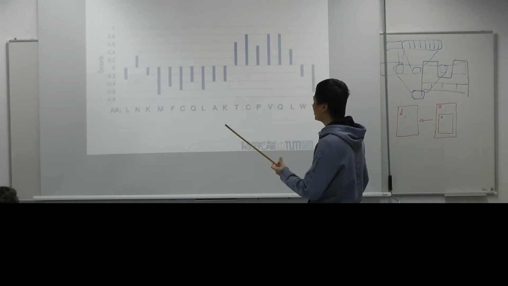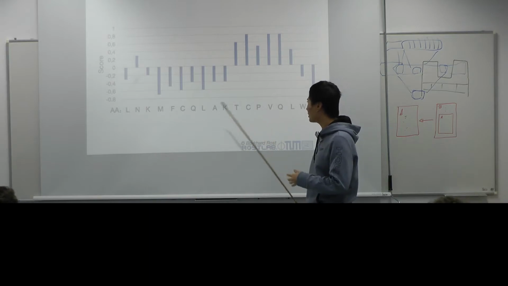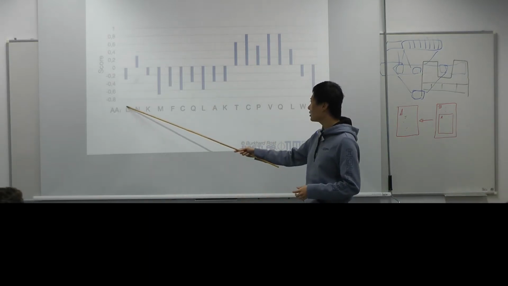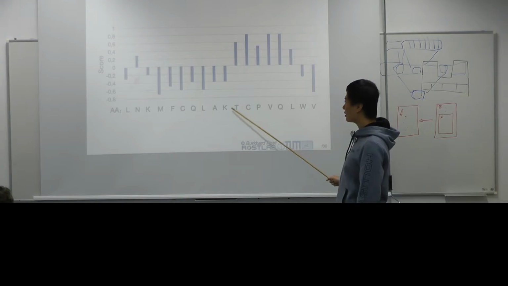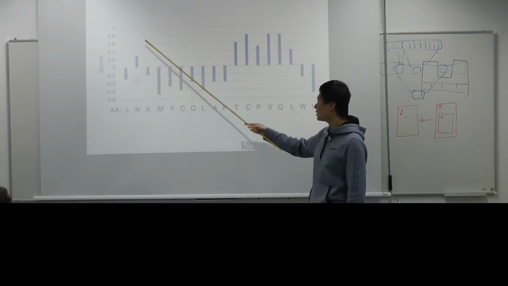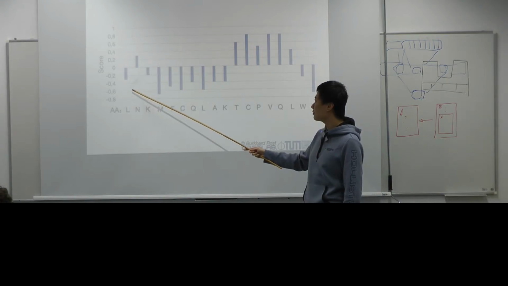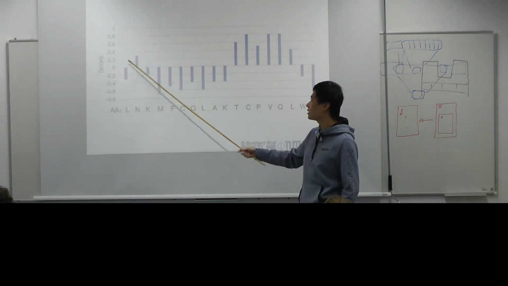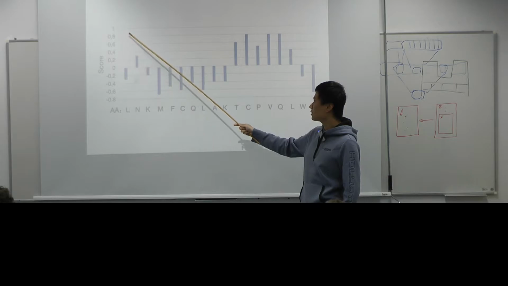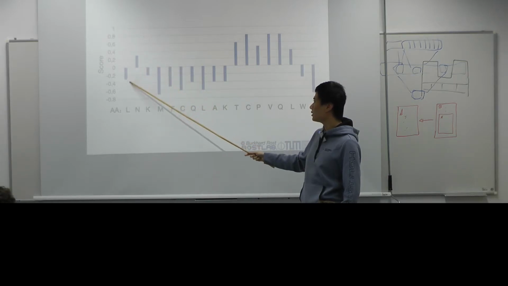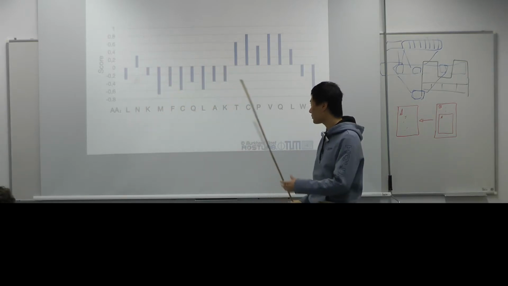But in some situations, like this example, the x-axis is the protein sequence, and each bar represents each position, and the y-axis is the final raw score. It means if it's larger than 0, it's a binding prediction. If smaller than 0, it should be a non-binding prediction.